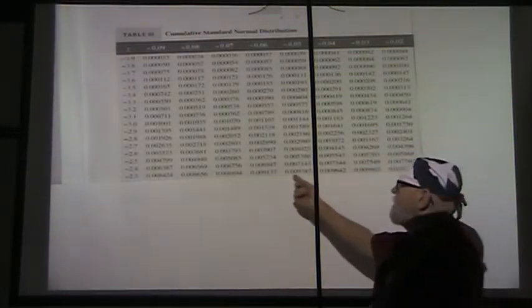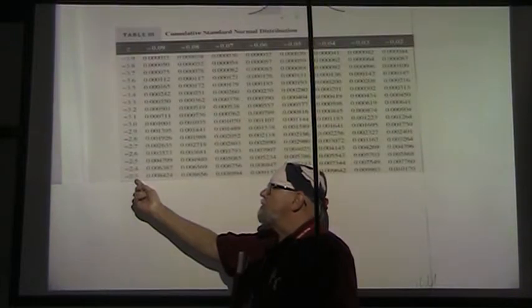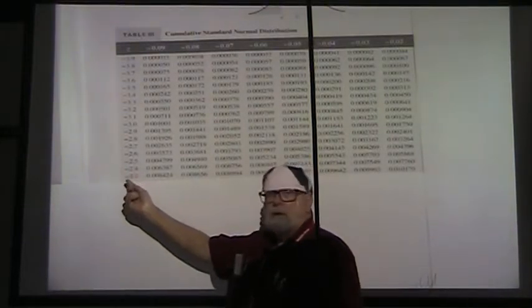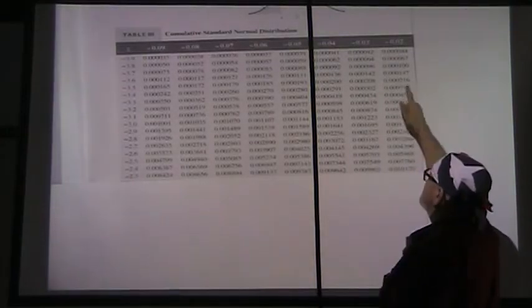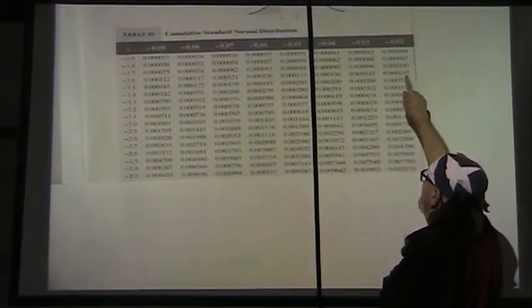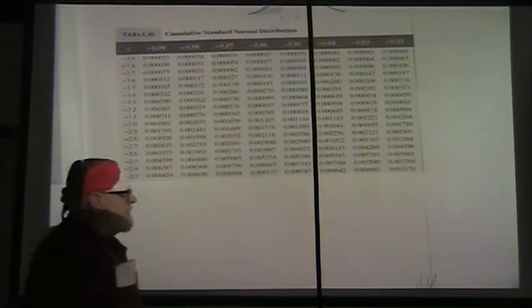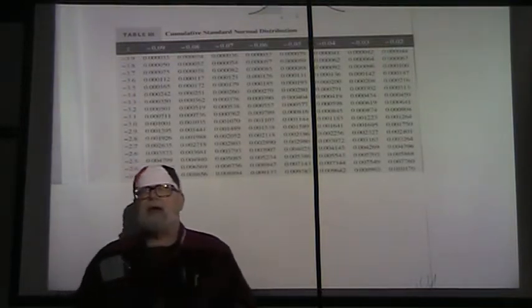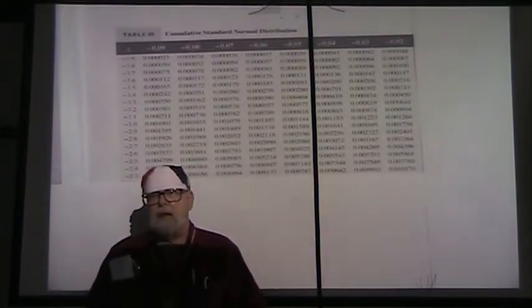I am going to come over here and I'm going to say negative 2.3 plus negative 0.02. All right, so I add those together, it becomes a negative 2.32.